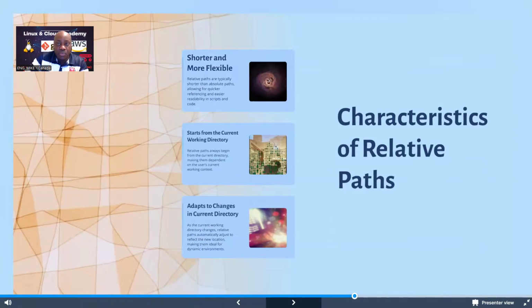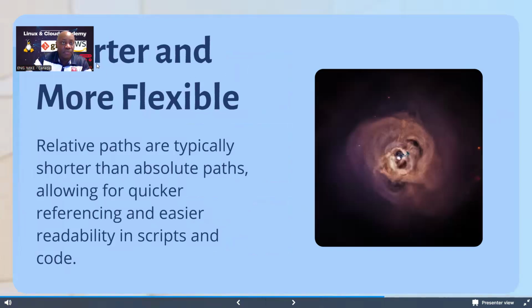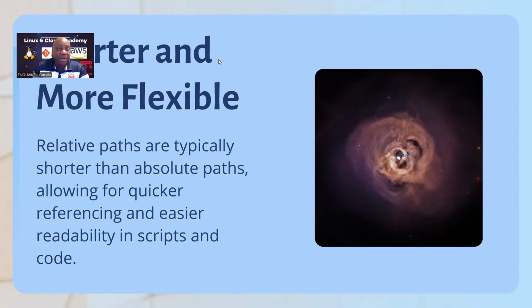So we have characteristics of the relative path. It is shorter and more flexible. Relative paths are typically shorter than absolute paths, allowing for quicker referencing and easier readability in scripts and coding.